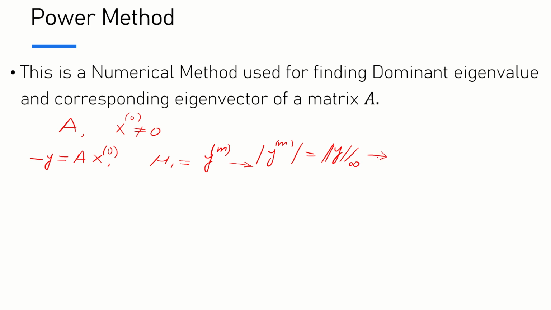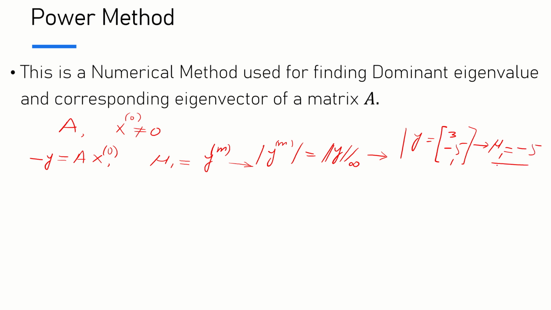What does this basically mean? It means you have to pick the numerically largest value in the given vector y. If we have y equal to the vector 3, minus 5 and 1, then mu1 is the numerically largest value, which is minus 5.